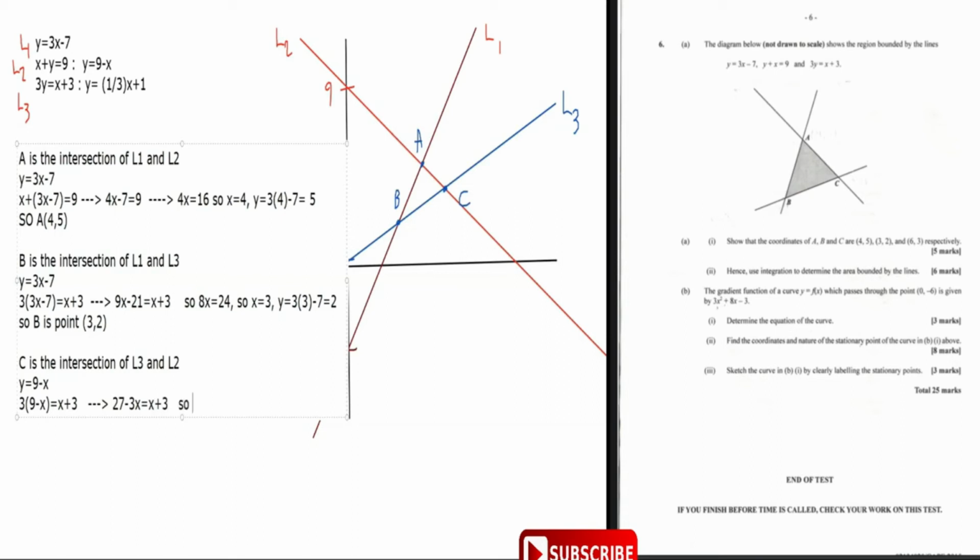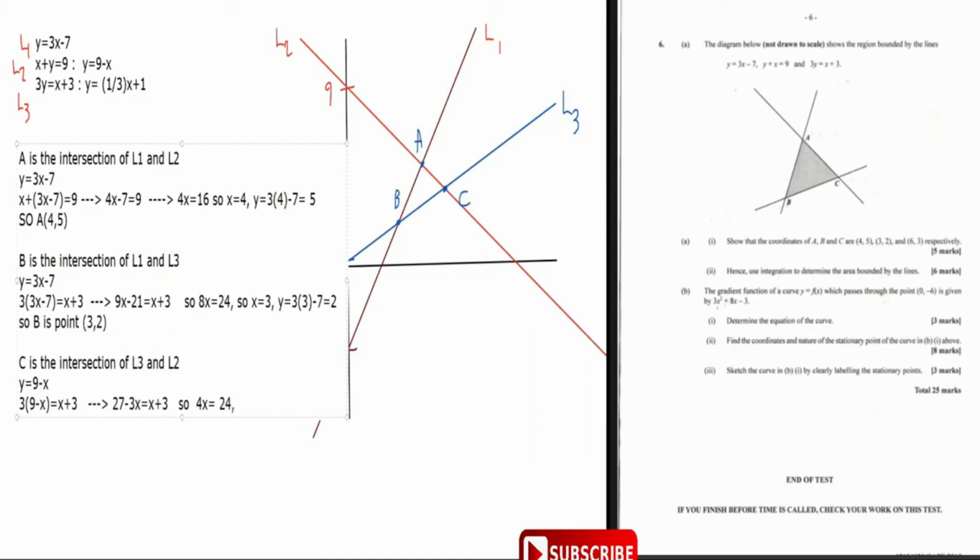We're going to get 27 minus 3x is equal to x plus 3. Bring over the 3x, we get 4x. Bring over the 3, we get 27 minus 3, which is 24.